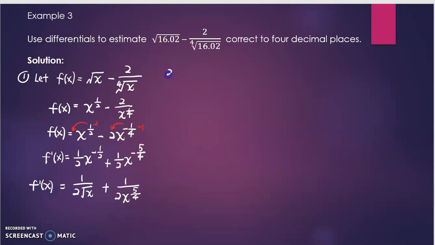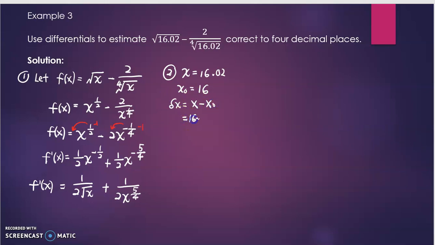In our second step, I will determine the value of x and x naught. So x, again, is the given value, 16.02. So x naught, remember, x naught must be an integer and close to 16.02. So I estimate as 16. So delta x is equal to x minus x naught.